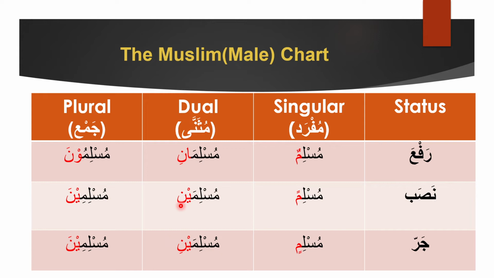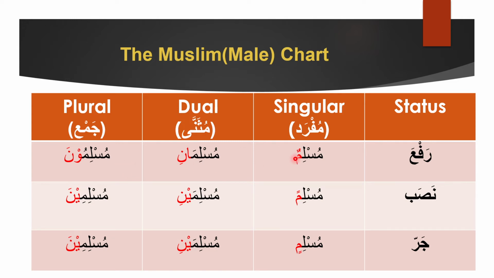Remember, this ya noon is different from this ya noon. This ya noon has dabar or as you can say fatha before it, but this one has kasra. Got it? So we see that in the dual and the plural version, the nasab and jar are same, and only the rafa version differs. This is the pattern.